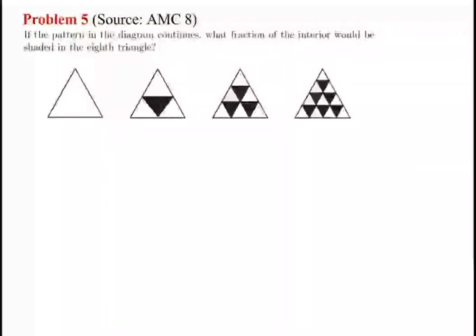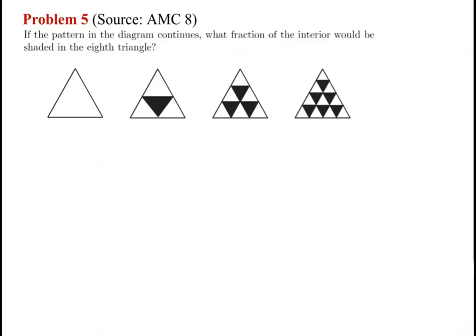Problem 5. So you want to find what fraction of the interior would be shaded in the 8th triangle. So obviously you're not given the 8th triangle, but that is okay. First, let's just write out what fraction of the interior is shaded in each of these given triangles.